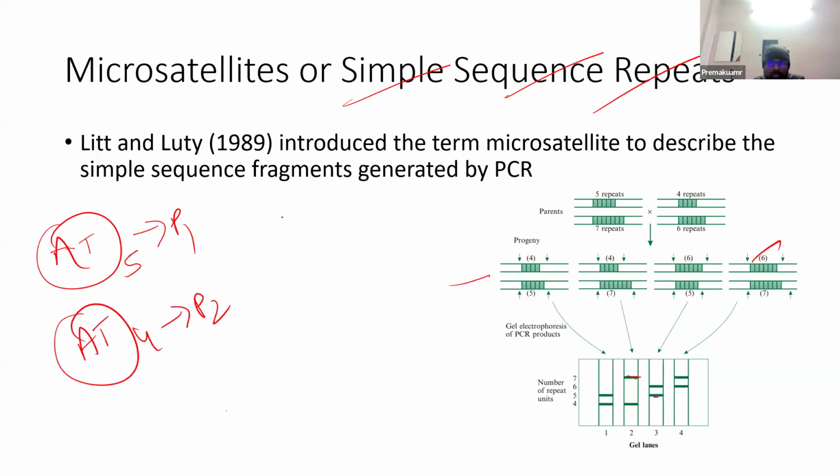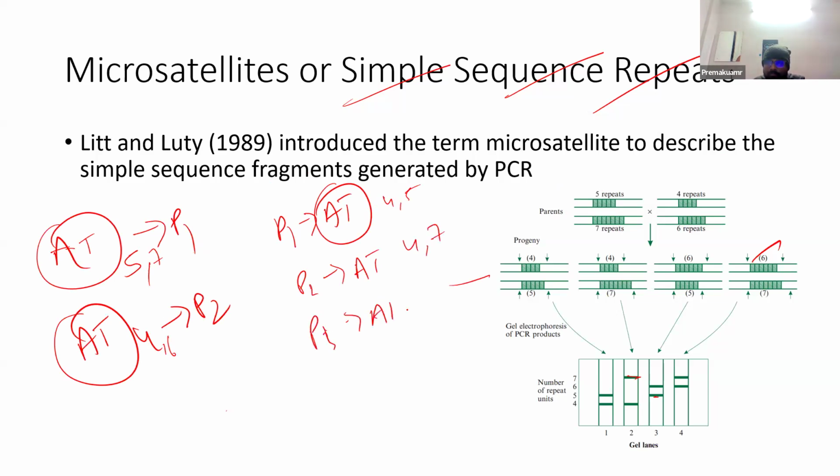In progeny 1, AT is repeated 5 and 7 and 4 and 6. In another it is 4 and 5. In another progeny, AT is repeated 4 and 7. Another progeny has AT repeated 6 and 5. And progeny 4 has AT repeated 6 and 7.